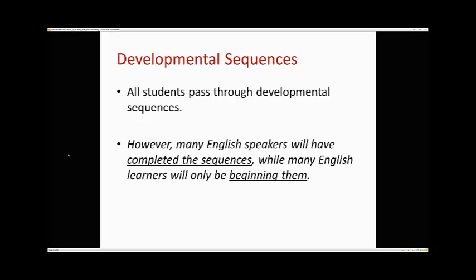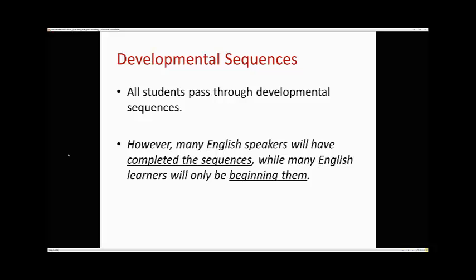It's maybe just a community decision, an unconscious one, that they're going to speak English that way. And then the child will sound maybe like they're still going through sequences, but they're not. It's a sociolinguistic phenomenon. But just to return to this point, by and large, your English speakers, if they're beyond the age of 7 or 8, will have completed their sequences by and large, and that is not the case with your English learners. In many cases, your English learners will only be starting the sequences.